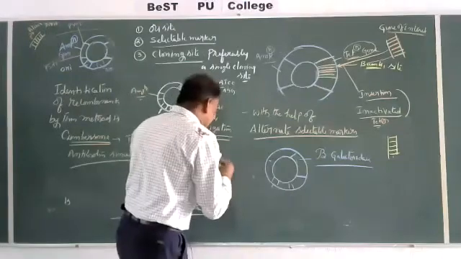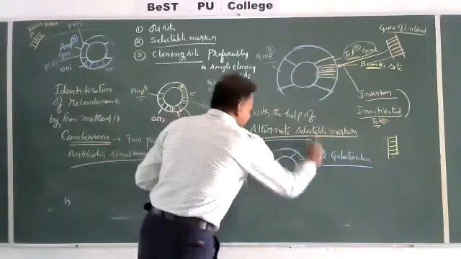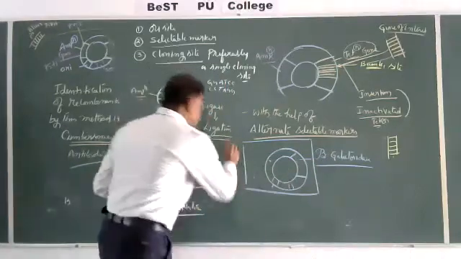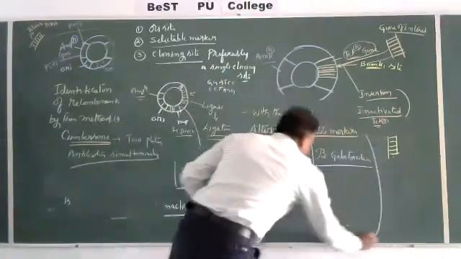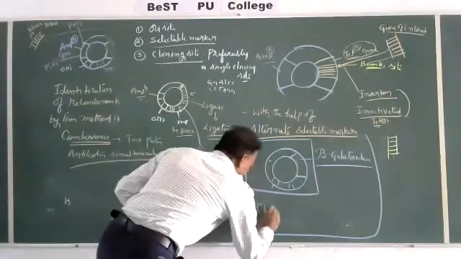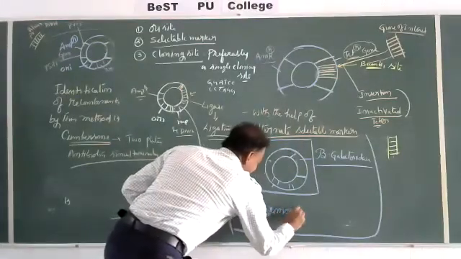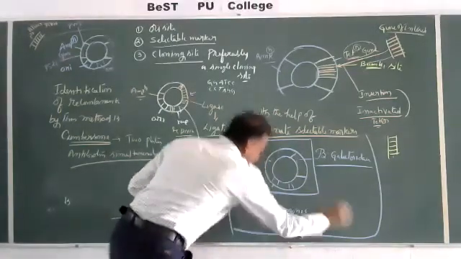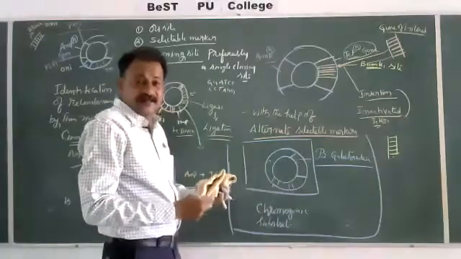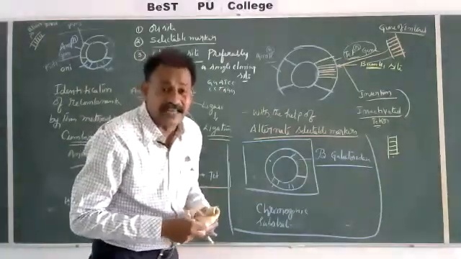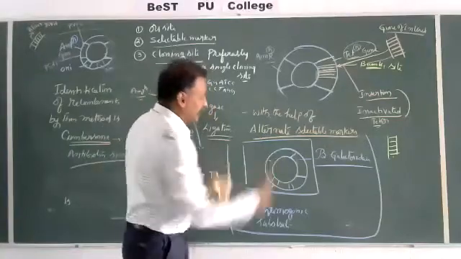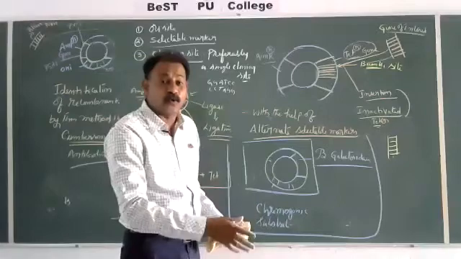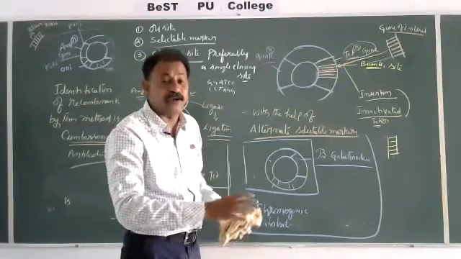When a bacterial cell which is having this type of plasmid with beta galactosidase is kept in a chromogenic substrate, chromogenic means coloring. When the medium has coloring capability and the bacteria are growing in it, they are able to produce blue colored colonies.